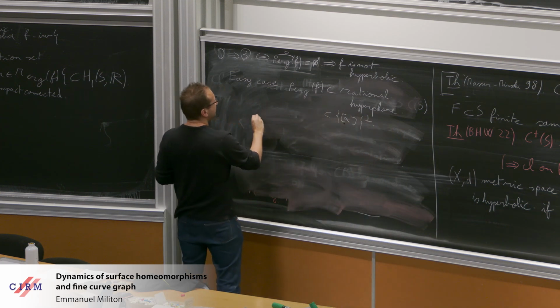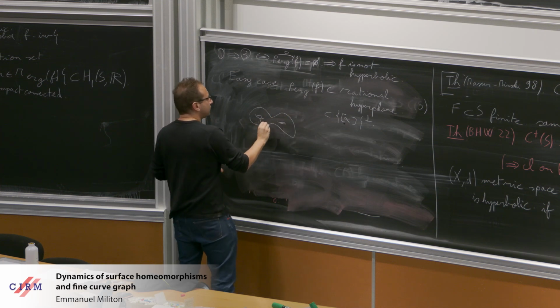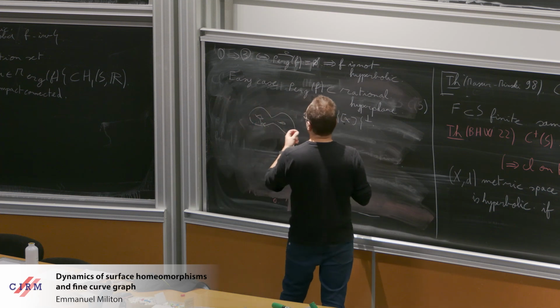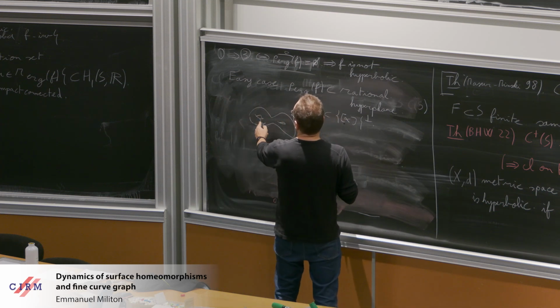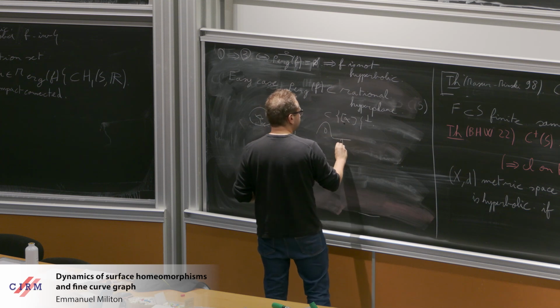Okay, so in this case, the idea is that you look at the cyclic covering associated to alpha. What I mean is you cut along alpha and it makes some covering map.